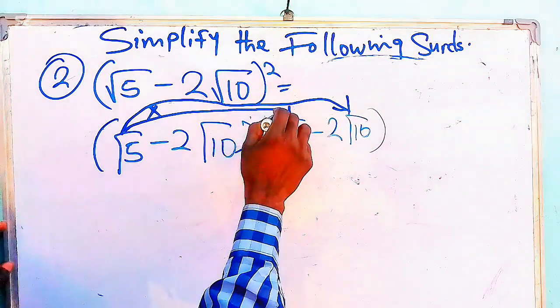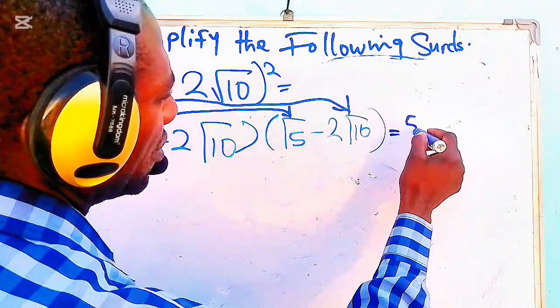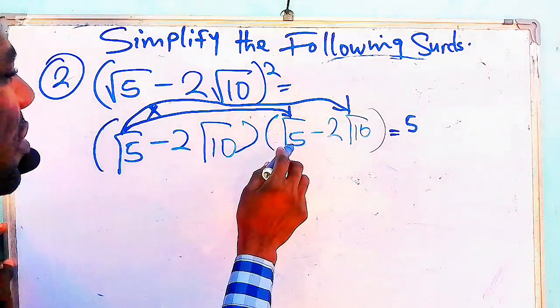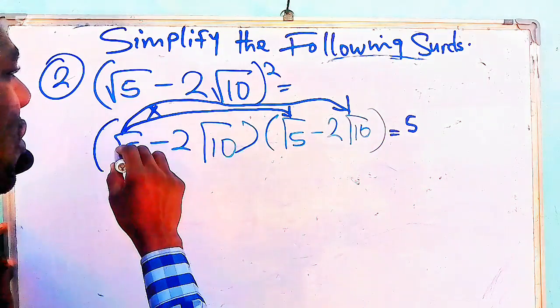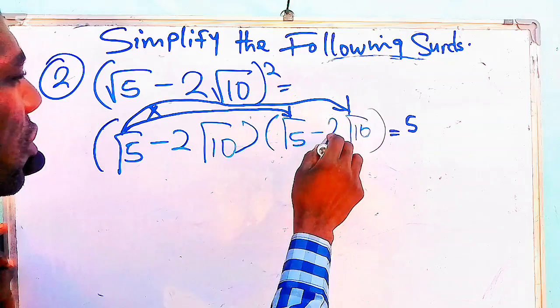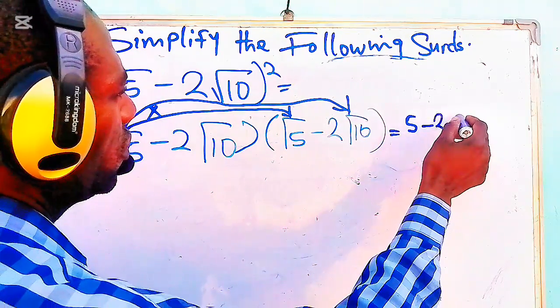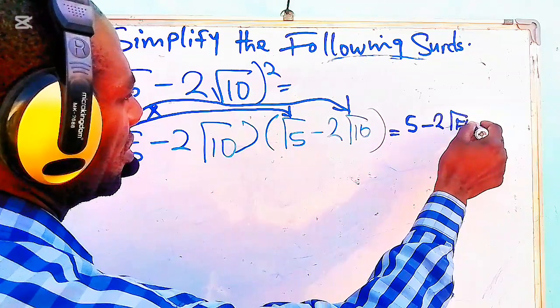Okay, if we multiply this by this first, we're going to have 5, because √5 times √5, you have 5. Now √5 times 2√10, we're going to have minus 2√50.